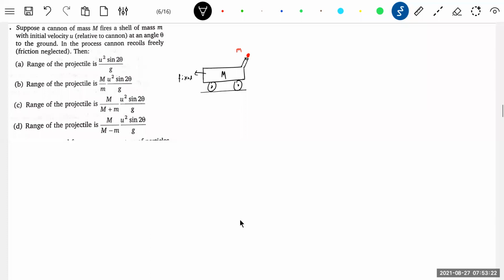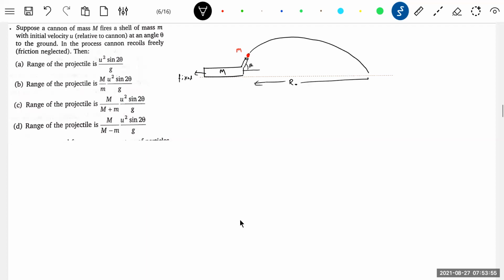So what will happen in that case? It is going to describe, so this particular thing is going to cover a range, how much? Say R, or say R naught. Okay, this is the angle theta. You're not permitting it recoil. That is going to describe the range R naught.